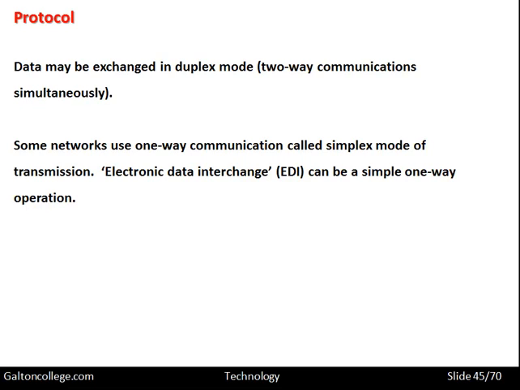Some networks may use one-way communications called simplex, the simplex mode of transmission. For example, electronic data interchange, EDI, which is used in business, can be a simple one-way operation. One company sends information to the other. Well, the traffic is one way.